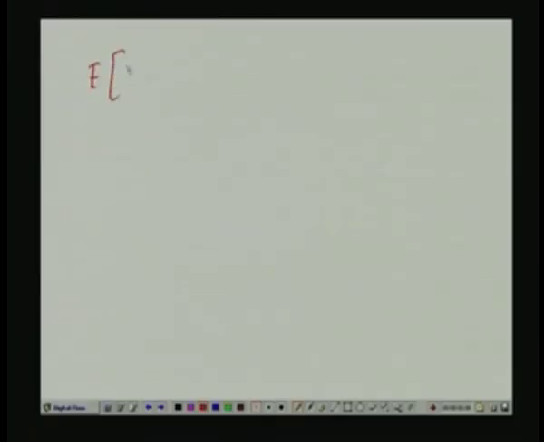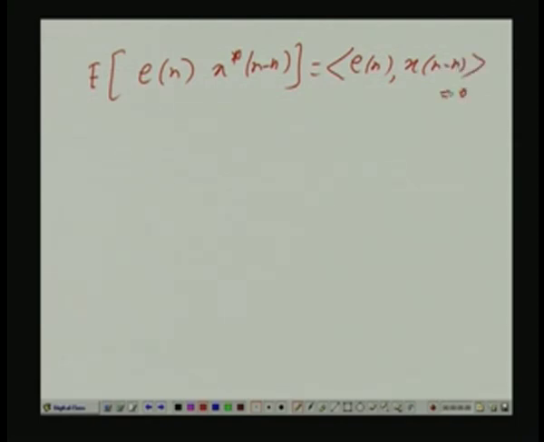Orthogonality means, what I wrote earlier was x[n-k] e star[n], that was 0, but that was actually roundabout. I can rather take e[n] here and x star[n-k], which is directly the inner product, no conjugate anywhere, that is equal to 0 for k equal to 1 up to p.